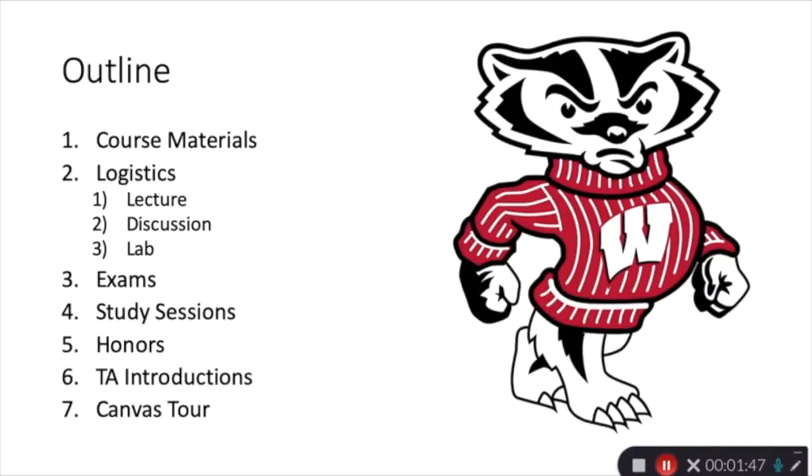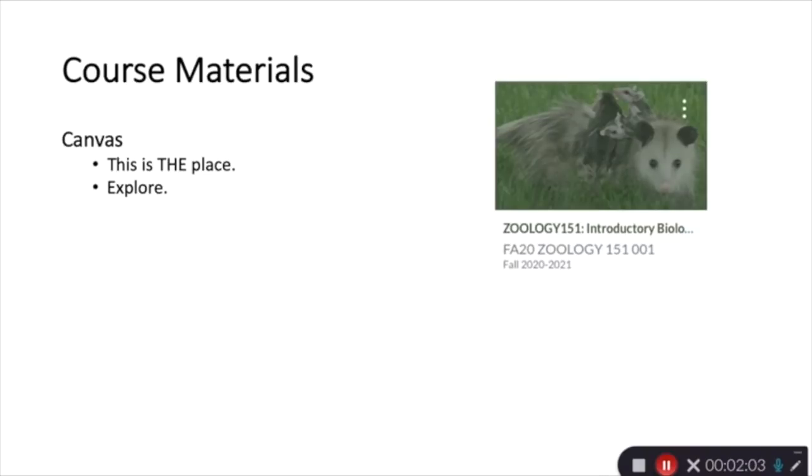All right, so the rest of this recording is going to be an outline or introduction to the course and where all the material is and how to access it, and a little tour of Canvas. So here we go. For course material, it's all on Canvas. This is the place. Go explore it.